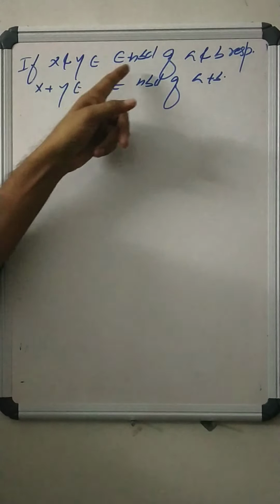That is, if x belongs to the epsilon neighborhood of a and y belongs to the epsilon neighborhood of b, then x plus y belongs to the 2 epsilon neighborhood of a plus b. It is not necessarily the epsilon neighborhood of a plus b.